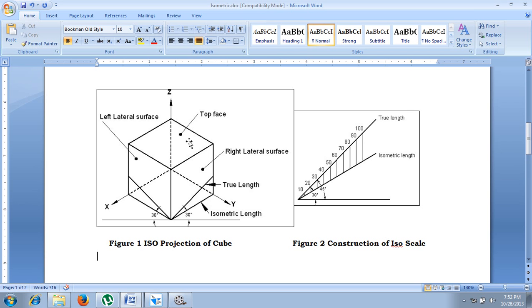Now, in case of isometric projection, we have to position a cube in such a way that it is resting on HP with one of its corners and one of its solid diagonals being parallel to VP and perpendicular to HP. Now, this is the view with respect to those conditions.